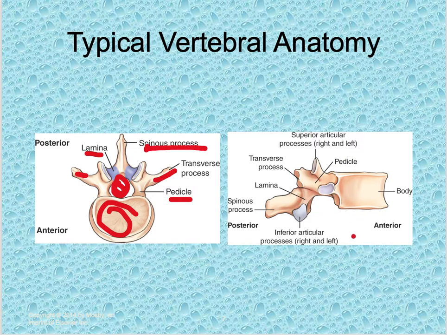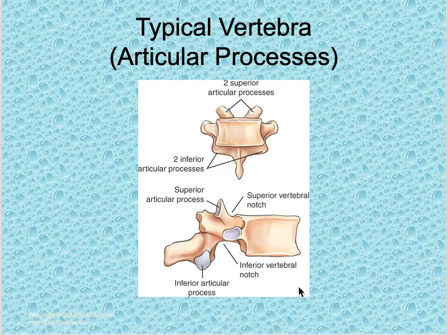We also here on this lateral view for this vertebral body, we can see that we have superior articular processes and inferior articular processes. We're also going to talk here about this inferior vertebral notch and then this superior vertebral notch, okay? So this would be an inferior vertebral notch. This would be a superior vertebral notch. Those create that intervertebral foramen that we'll talk about as we go along here.